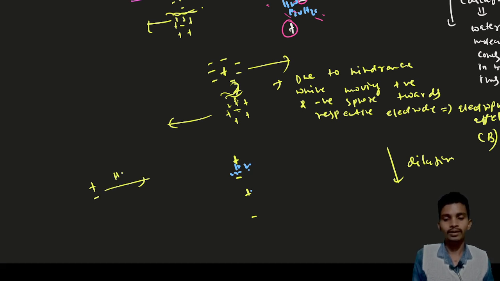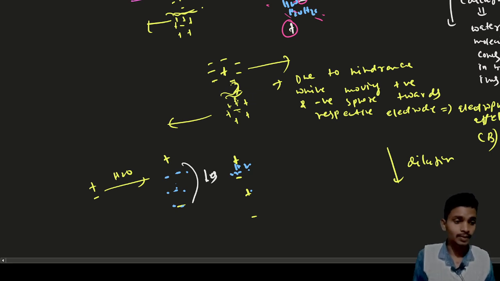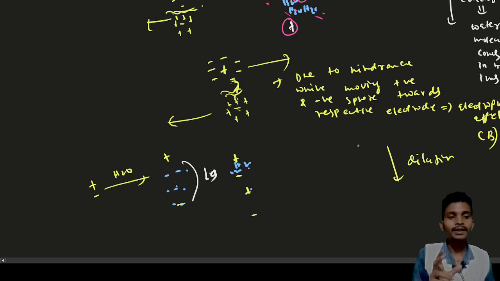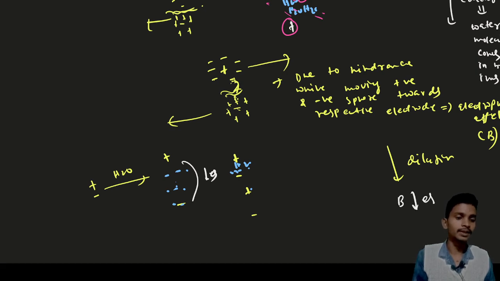After addition of water, this positive charge becomes here, negative charge becomes here, and in between water molecules are kept. So if the attraction between positive and negative charge decreases, then the hindrance decreases. It means the electrophoretic effect decreases. So B decreases due to dilution.